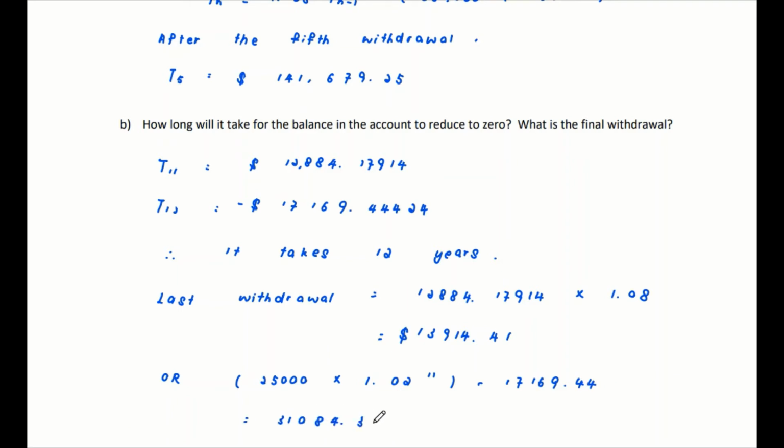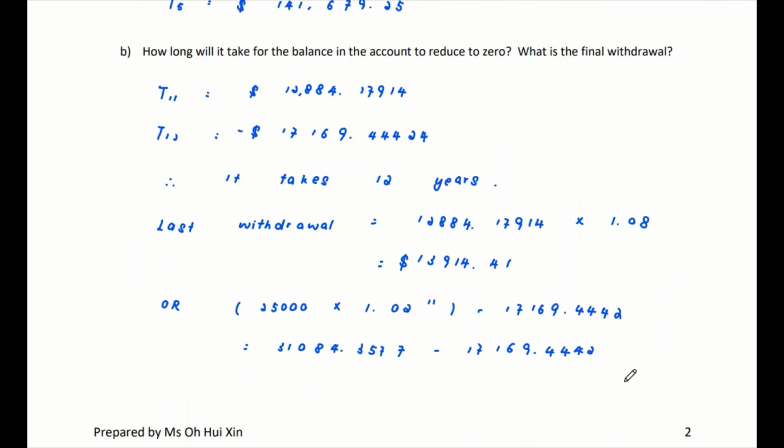So again, I will always encourage you to go for the first method here. The second method is good for your own checking. Sometimes when you get your answer, you might feel a bit unsure. So you can try to do this again as your own draft, and if you get the same value, then there should be no problem with your answer.